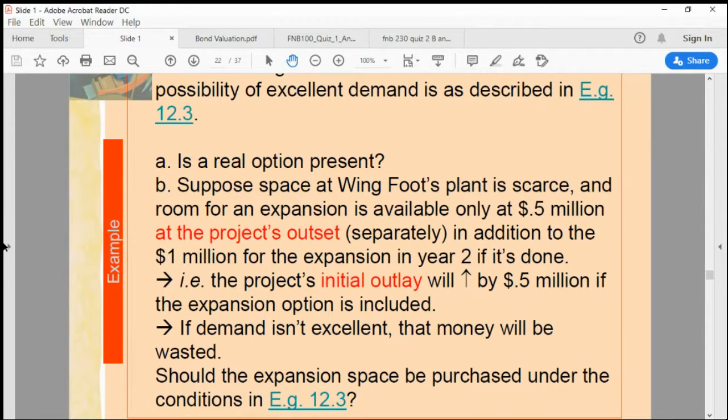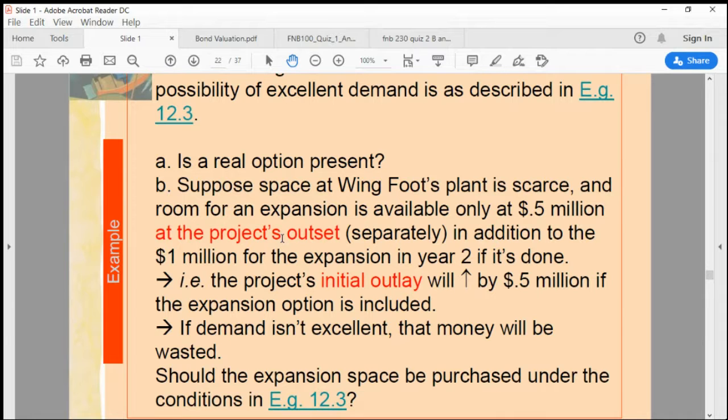The construction of additional space must be already incorporated in the plan, before time zero. In other words, when you are planning, you must incorporate this. And if it is done, it will cost $500,000, but it must be done at the project's outset, at the beginning.